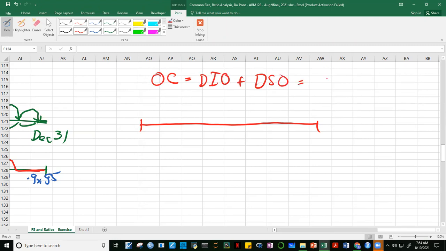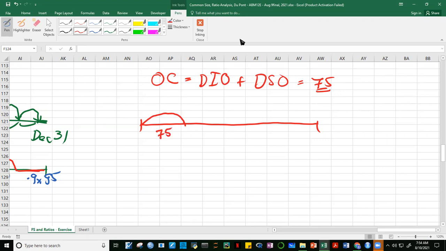And for the competitor, this is 75 days. Yung total niya. So what does that mean? So the average days it takes the company to buy raw materials, convert to finished product, sell on account, and then collect. That's 75 days.